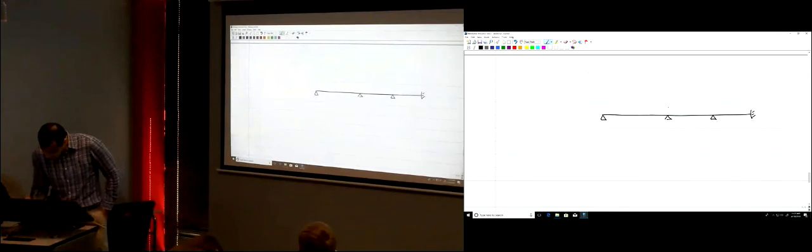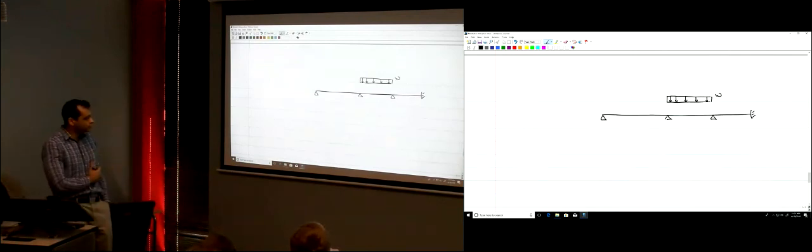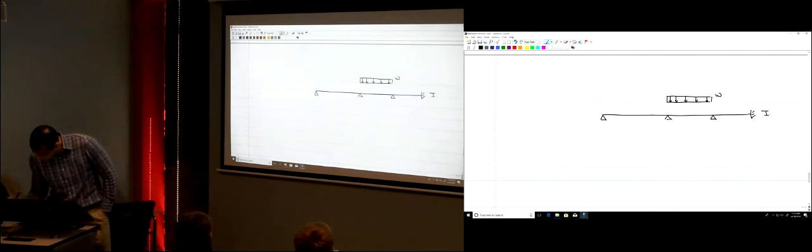So now, let's say it's the same beam that we have. It looked like this, and let's say we have some uniform load applied at this location, or at any location, and the magnitude of the uniform load is W. Now let's draw the influence line of MC.